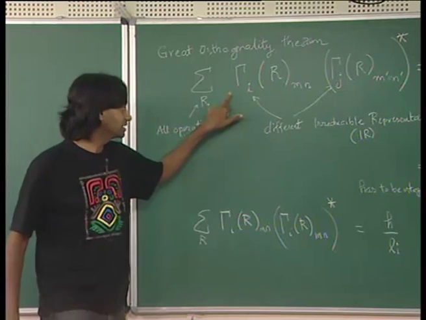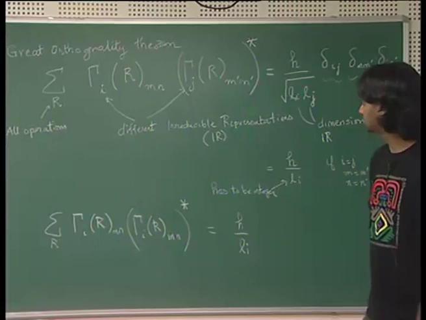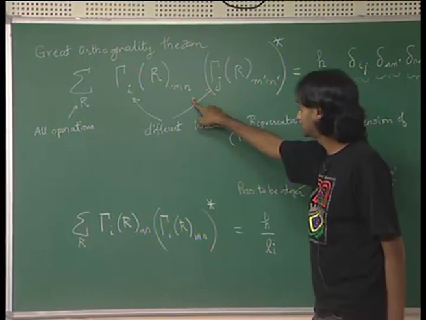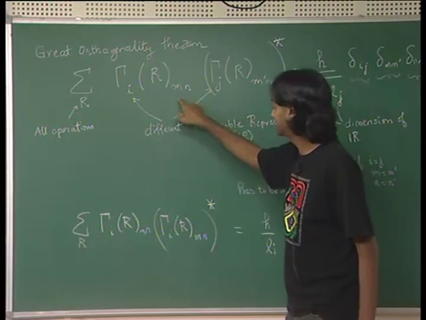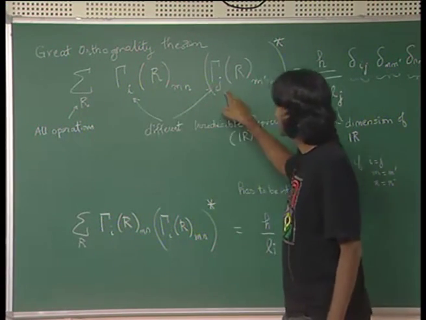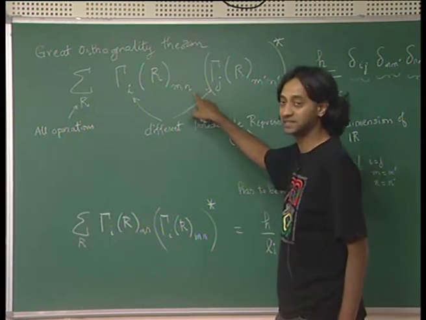Now it turns out that the great orthogonality theorem in this form, I already said that it is a great orthogonality theorem in the sense there are many orthogonality relations in it. Suppose I fix m and n, then I can get an orthogonality relation that involves i and j. Suppose I fix i and j to some value, then I will get an orthogonality relation involving m and n.